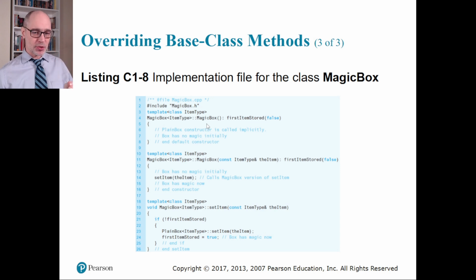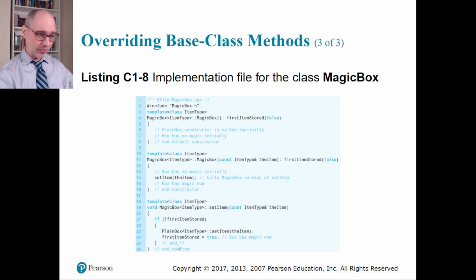You've got the default constructor that, if you don't specify anything to begin with, will set first item stored to the default, false. Haven't stored anything yet. Then in the non-default constructor, if you get an item, all you've got to really do is call set item, and that's down below here. So what set item does, and here's where the magic trick is, you pass in some kind of item. Now, if you have already stored a first item, if first item stored is true, you skip all this code you're looking at and just don't do anything.